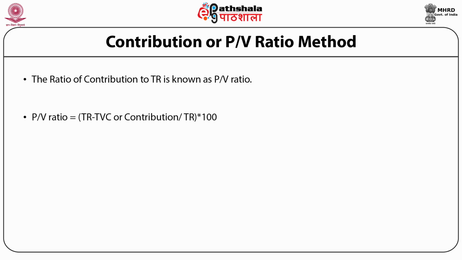So PV ratio is equal to total revenue minus total variable cost, that is contribution, divided by total revenue, multiplied by 100. After having the PV ratio, we can calculate the break-even point, and the break-even point is equal to fixed cost divided by PV ratio. In this case, the break-even point will be in terms of rupees or in terms of volumes.